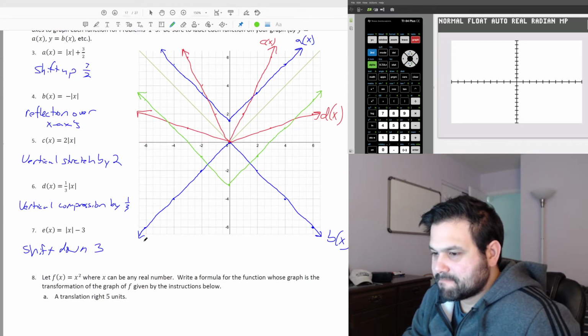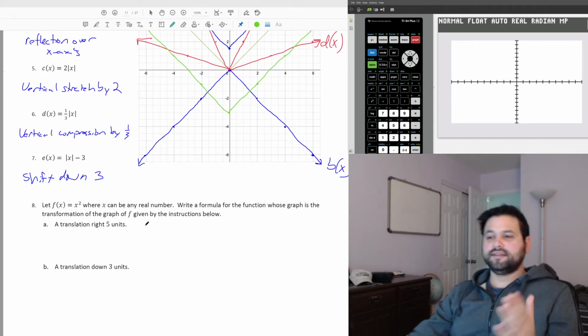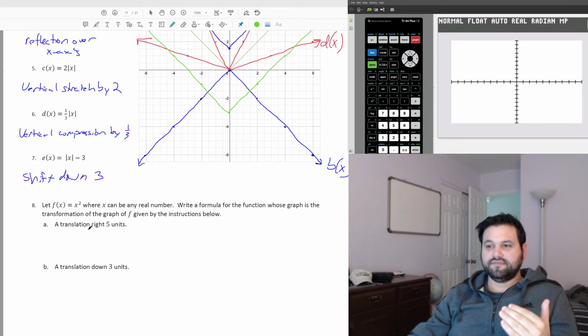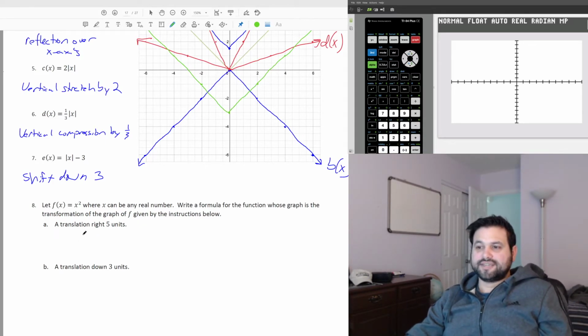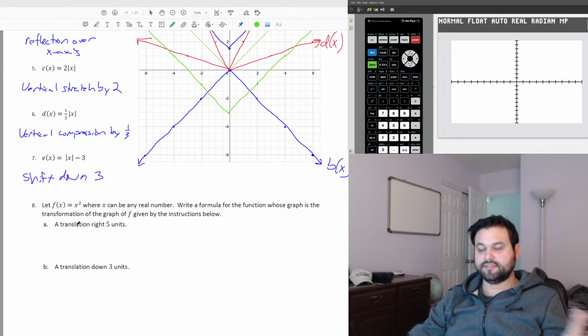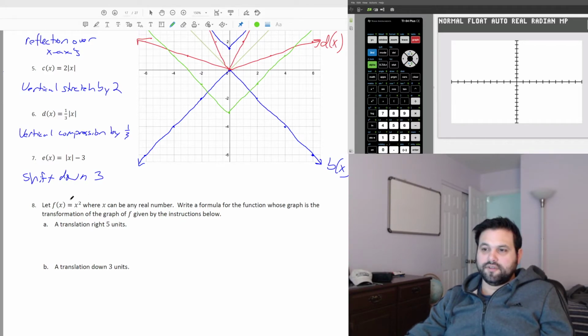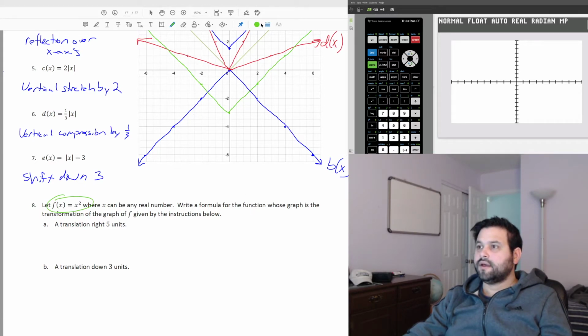All right. Number 8, let's write these functions using the given transformation. So a translation also means shift, right? So translation to the right 5 units. We are working with this function, f of x equals x squared. Let's go back to blue, it's easier to see. And so remember, for inside we're going to need parentheses.